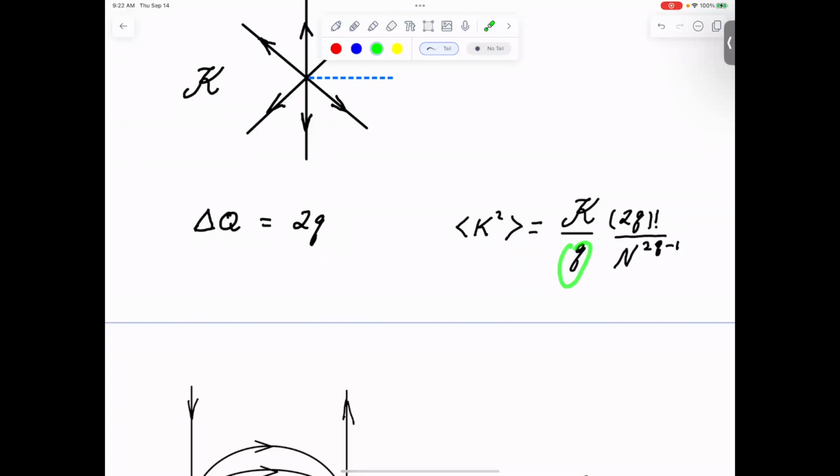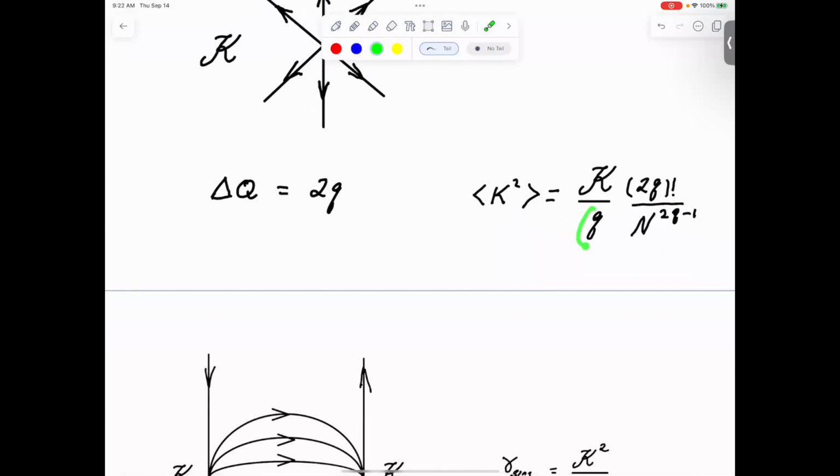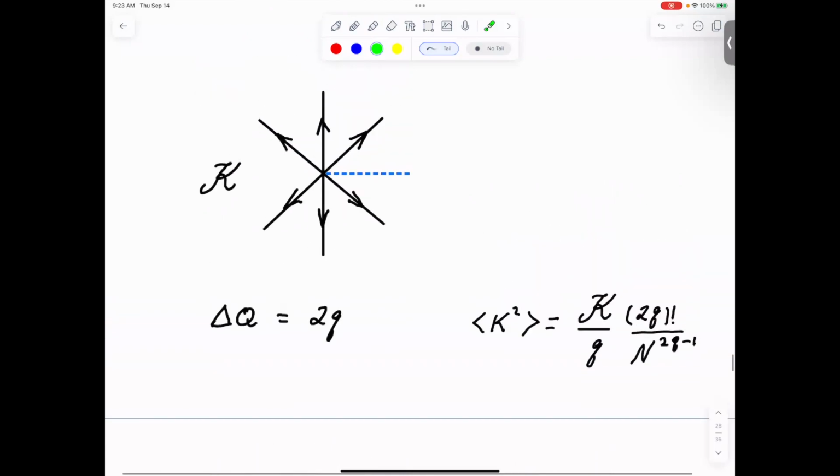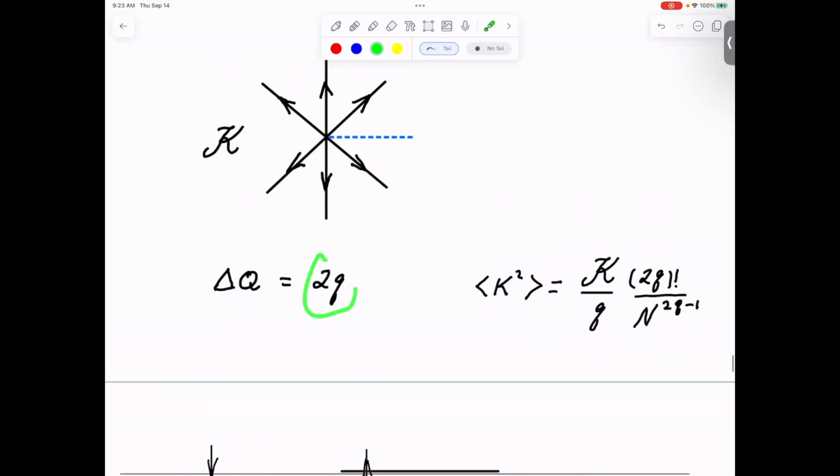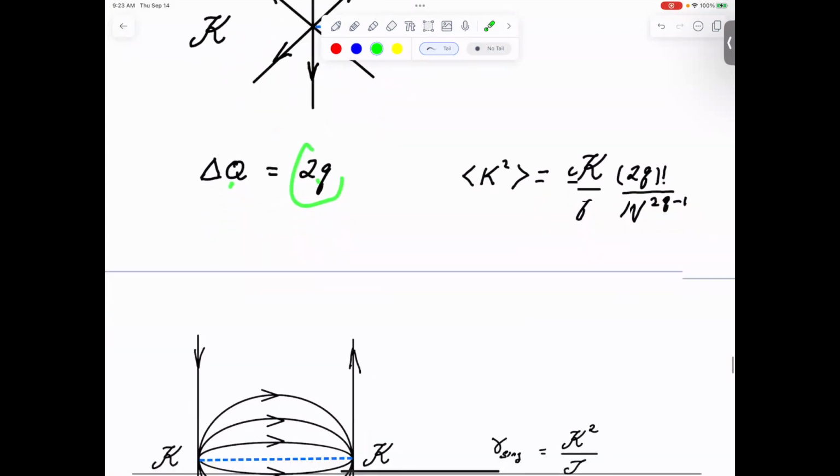You don't have to put the 1 over Q there. You can work with it without it, but things have better limits if you put a 1 over Q there. I believe that 1 over Q is there in order to compensate for the fact that delta Q is so large.